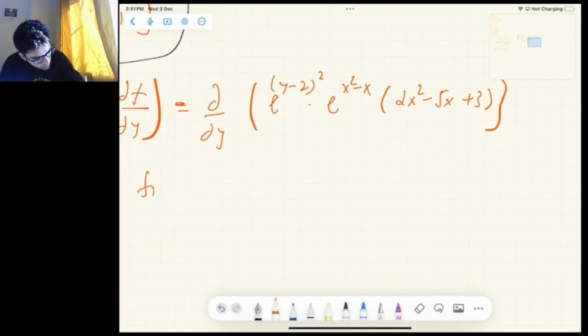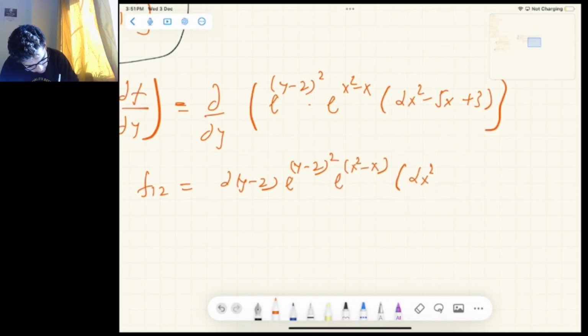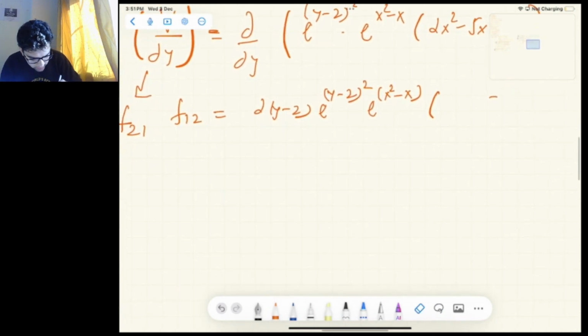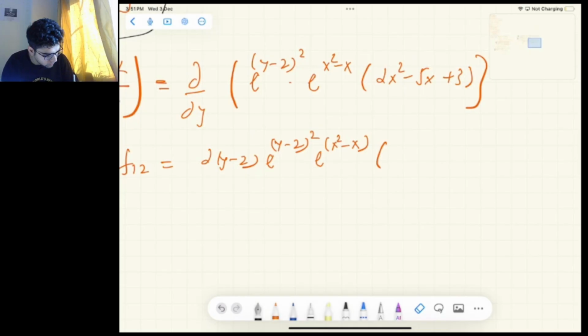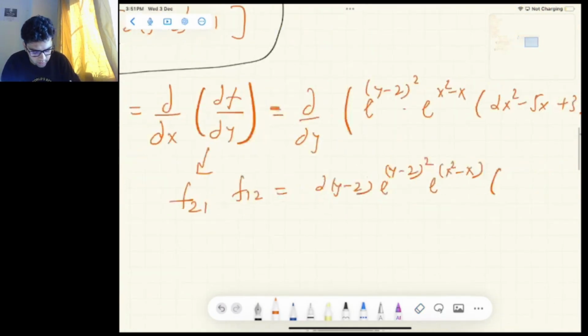So f12 becomes 2 times y minus 2, e to the power y minus 2 whole square, e to the power x square minus x and 2x square minus 5x plus 3. Or I can also write 2x square minus 5x plus 3 as, wait, I factorized this term earlier, right?